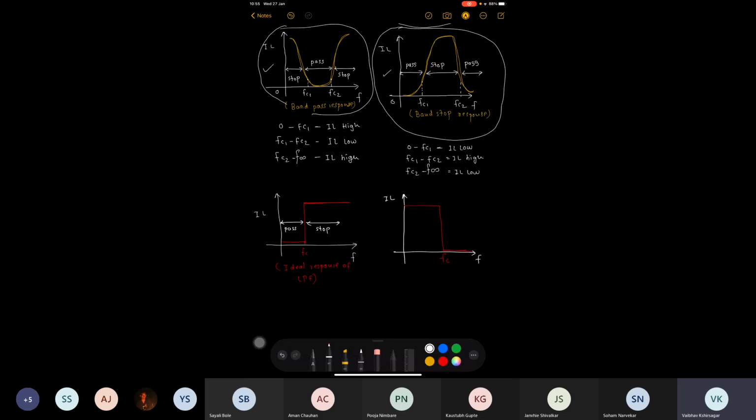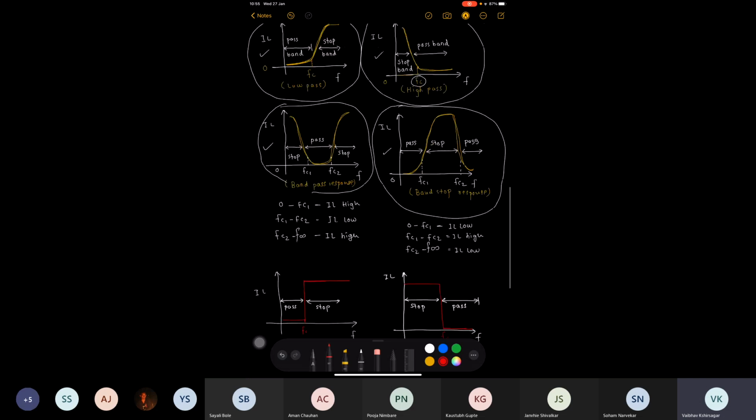Here you can label this as a stop band and this as a pass band. Whatever we have drawn is the ideal response of a high pass filter. On a similar basis, you can draw the ideal response of the band pass filter and band stop filter also.